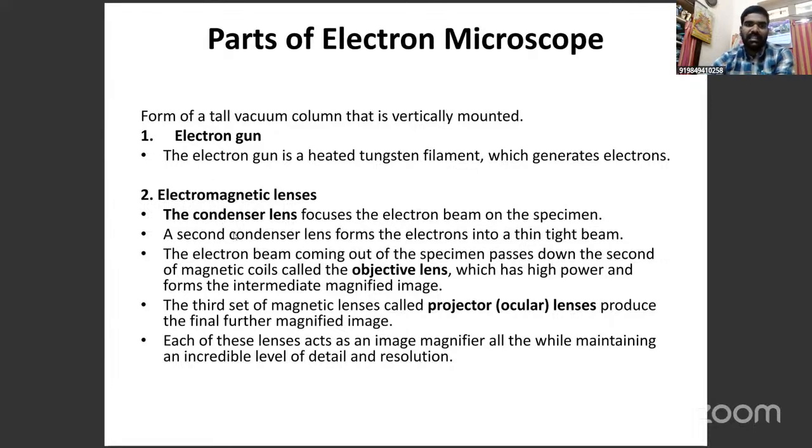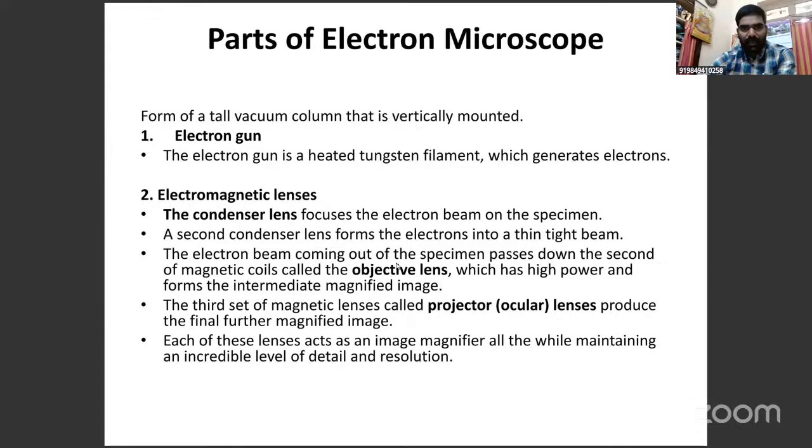The electron gun will eject the electrons onto the condenser lens, and this condenser lens will focus them to fall on the specimen. A second condenser lens forms the electrons into a thin, tight beam.